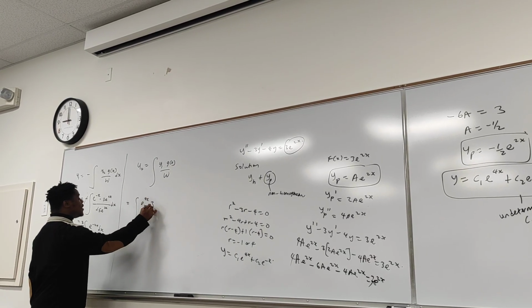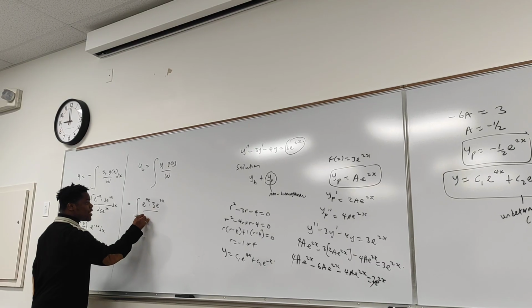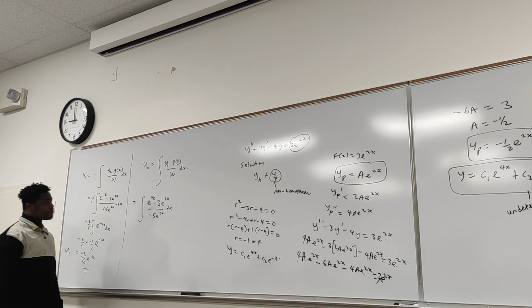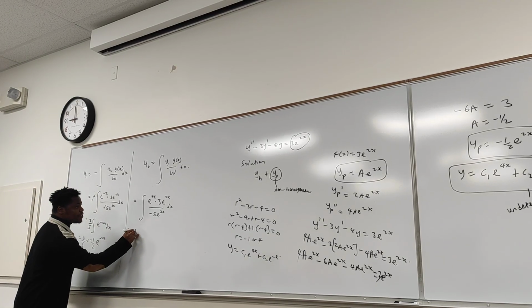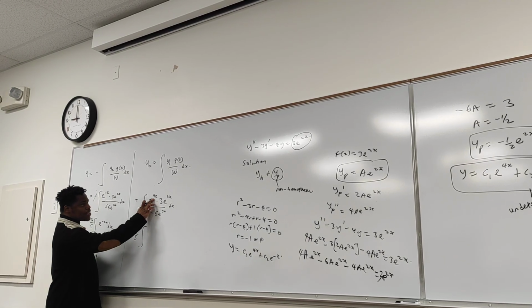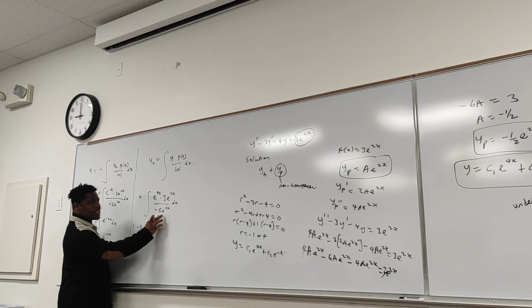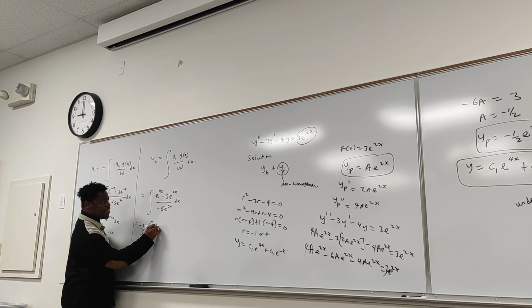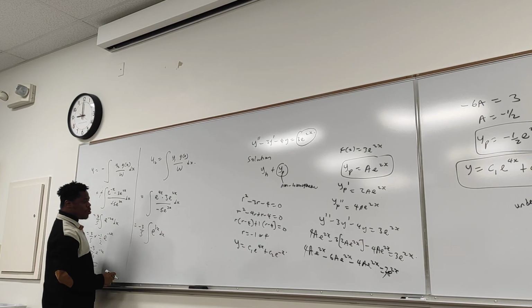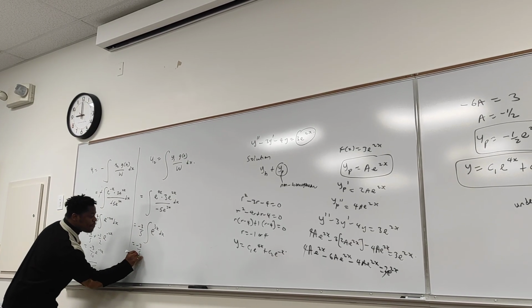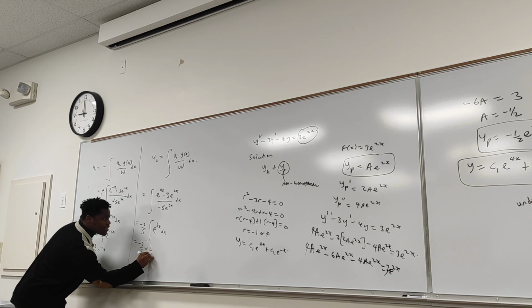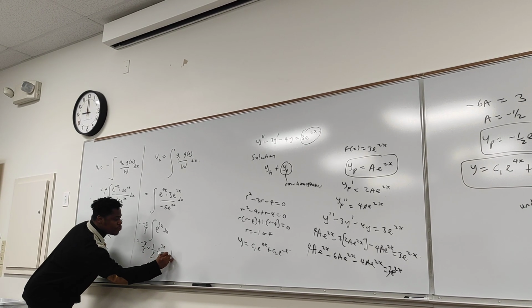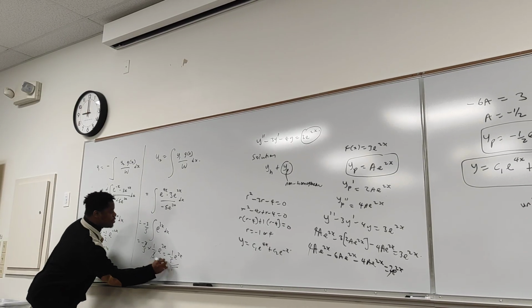G of x is 3e2x over the Wronskian, negative 5e3x, dx. Okay. So we can bring this negative 3 over 5 out. This is 4 plus 2, 6. 6 minus 3 is 3. e3x dx. So once you do that, this becomes negative 3 over 5 multiplied by, if you integrate, 1 over 3 e3x. So this 3 cancels 3. That becomes negative 1 over 5 e3x. So that is u2.